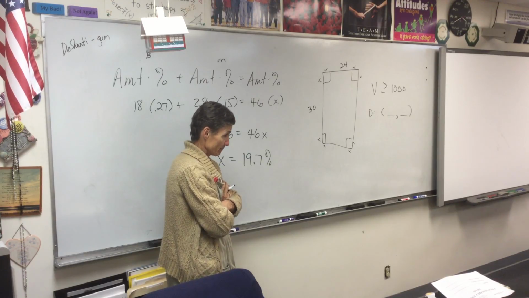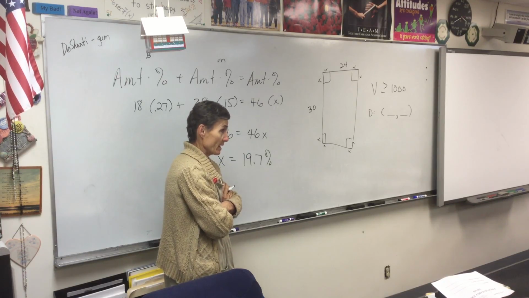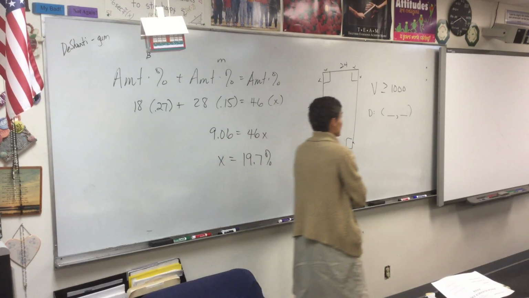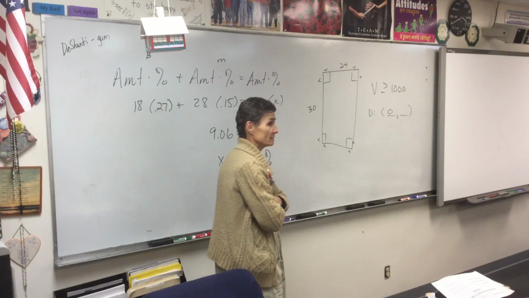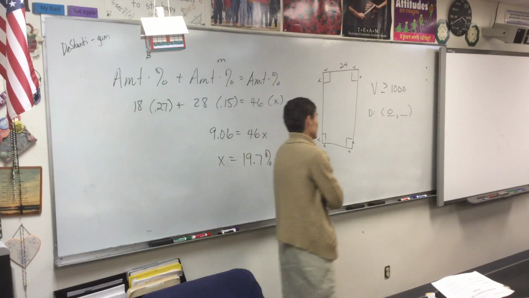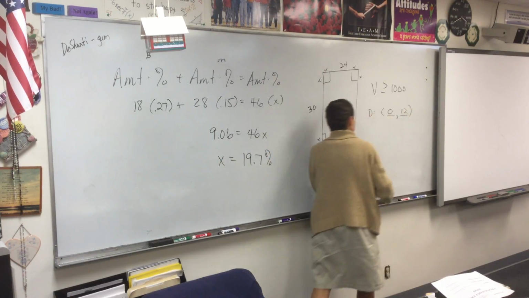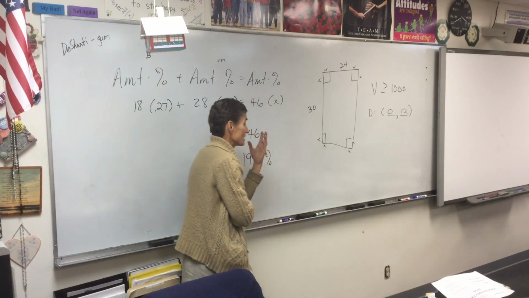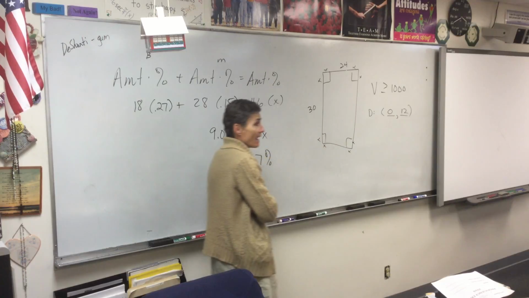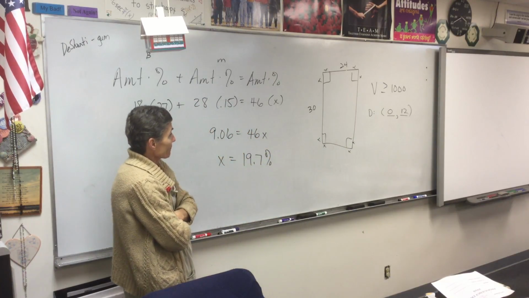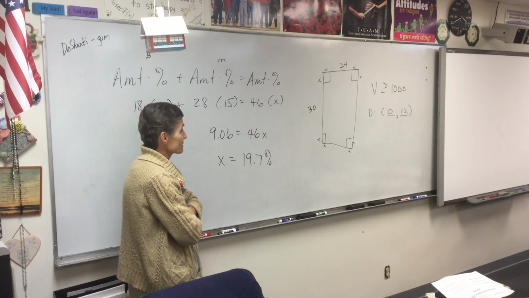X min is 0. X max would be 12. Always half the smallest dimension because you're taking an X off each side, so it can't be more than half. So that's X min and max.